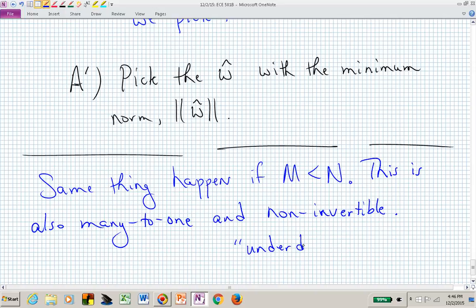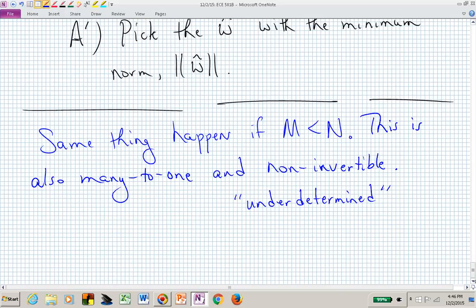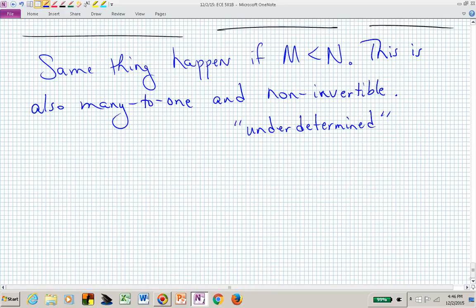You might hear this referred to as your system of equations being underdetermined. We may not have as many measurements as we have unknowns W. Yes?